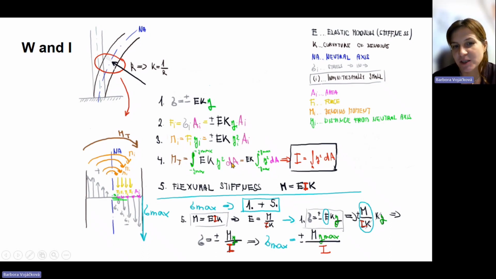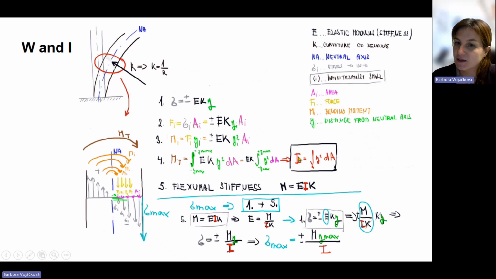Now we simplify the equation, because the elastic modulus and the curvature are constant, so we can pull them out of the integral. Here we can see the equation for the moment of inertia, which we used in the calculation of the moment of inertia of irregular cross sections.